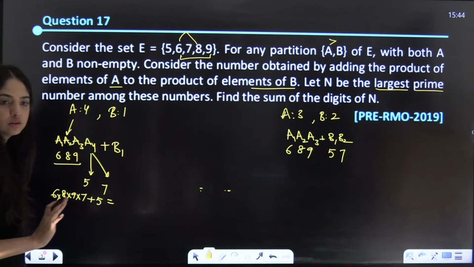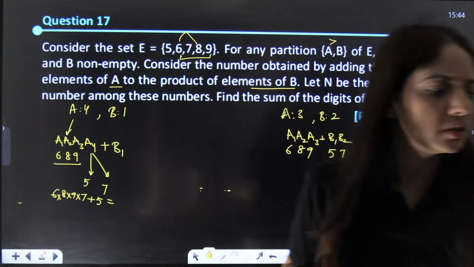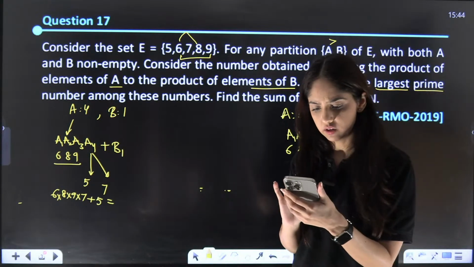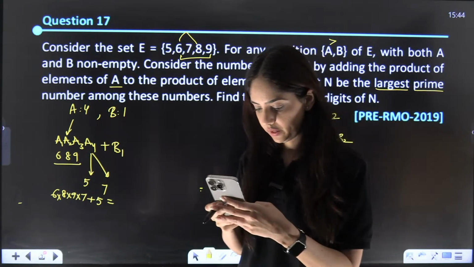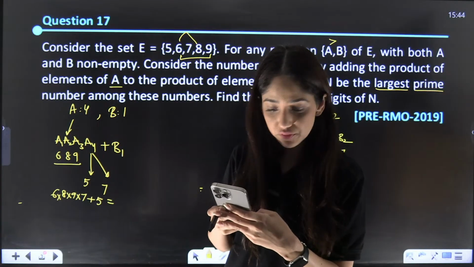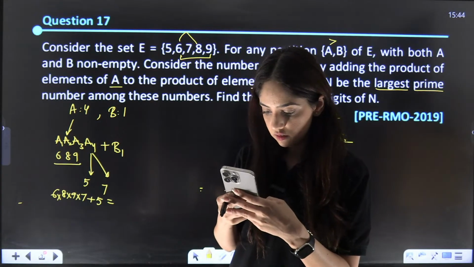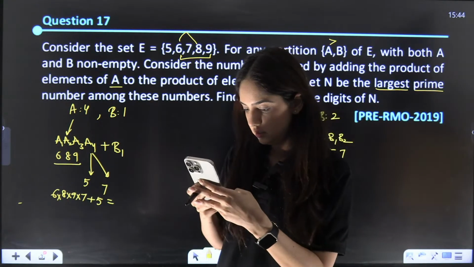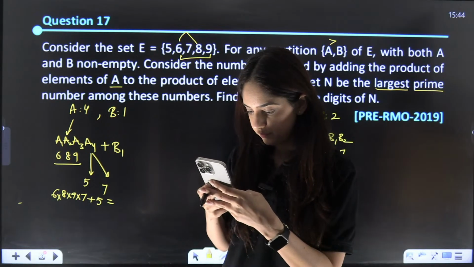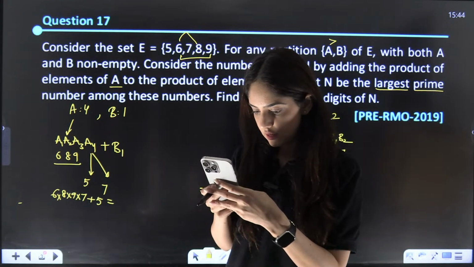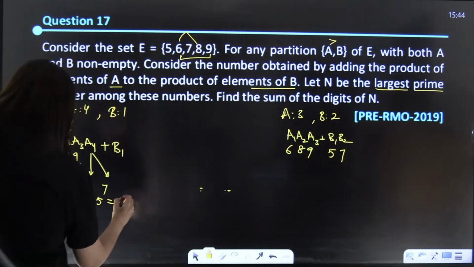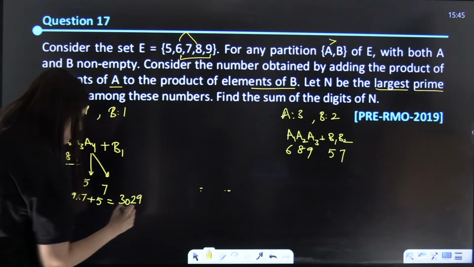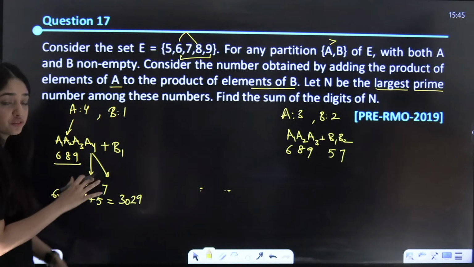What is this value? I'm going to use a calculator because otherwise the entire session will take a lot of time. But if you have calculated, so this comes out to be 3029. Now we check if it's a prime number.